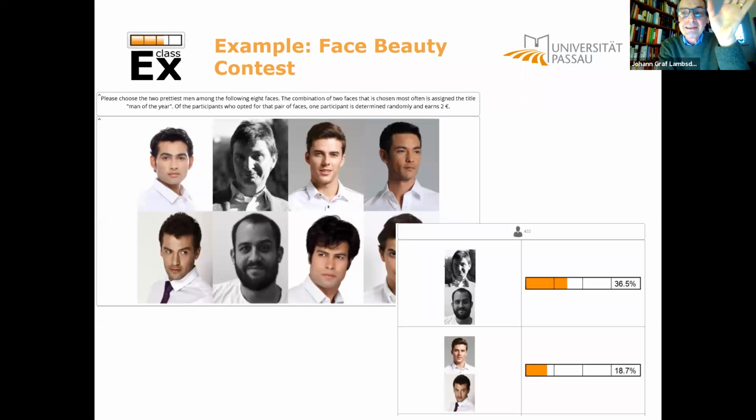So suddenly the task of picking the prettiest faces is a completely different one. And this is very close to the original thought expressed by Keynes, that once expectations become this type of complex thing, one does not follow logic anymore, and something else emerges.